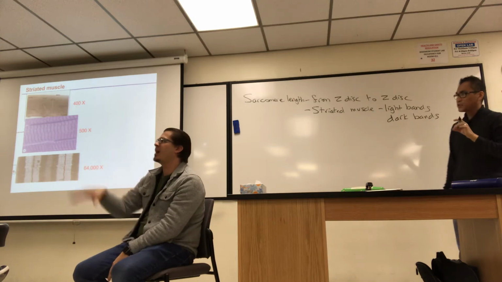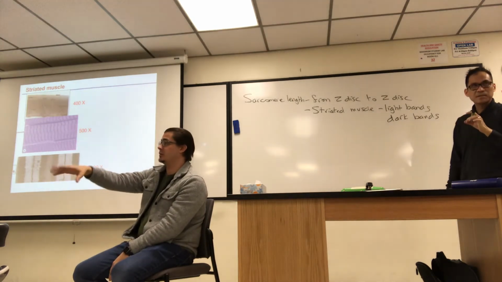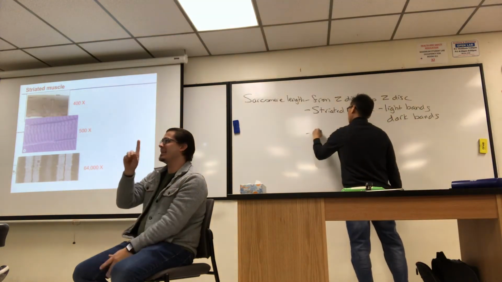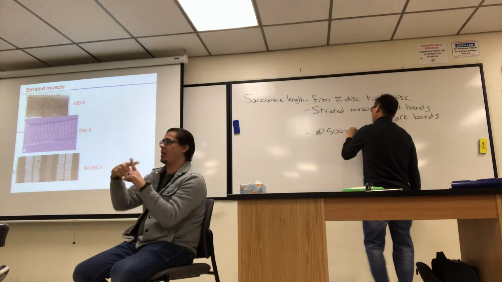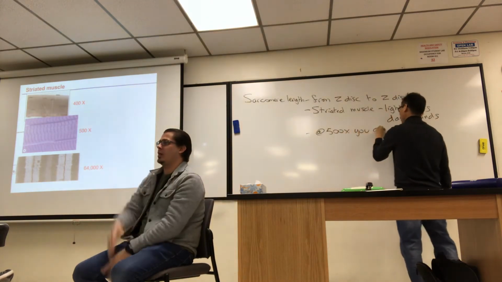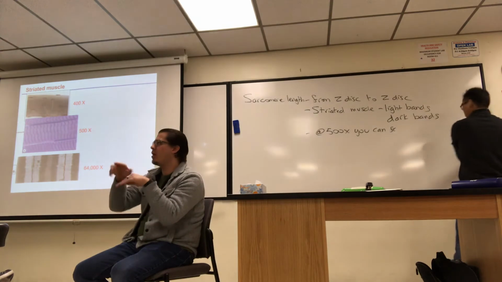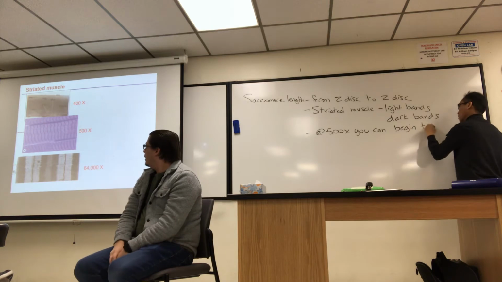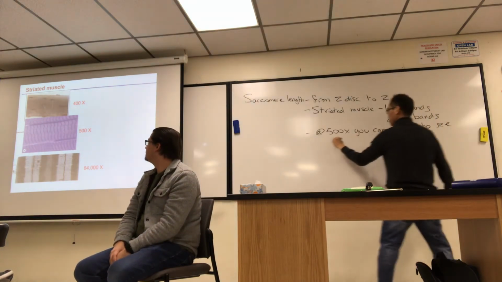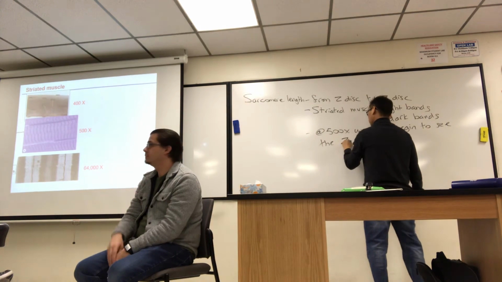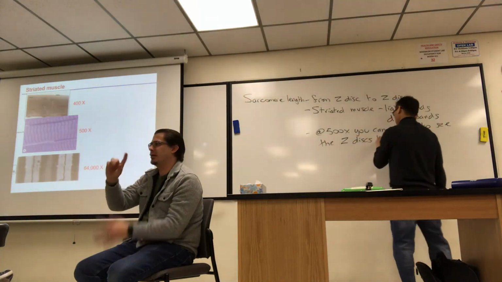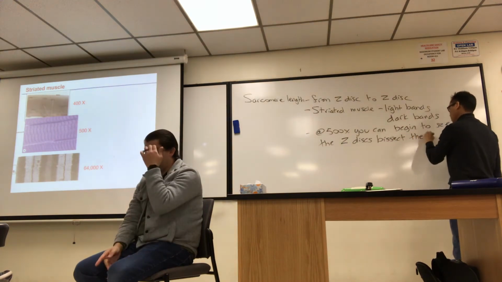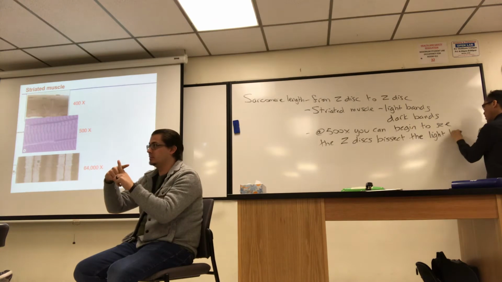And at around 500x, you can begin to see the Z disks, which bisect the light bands.